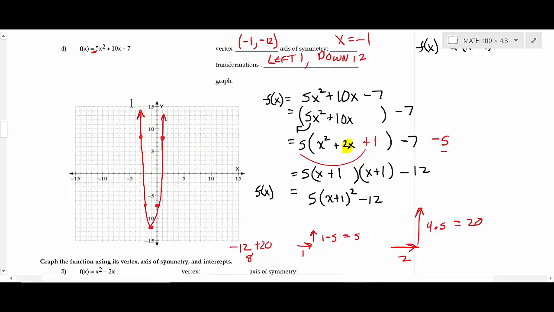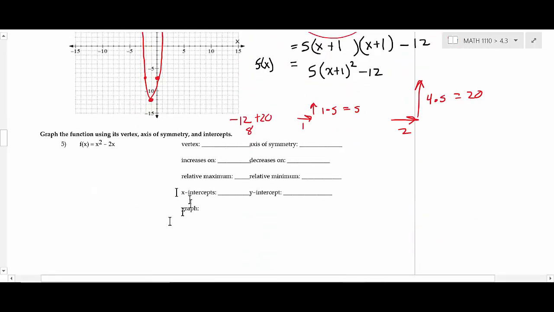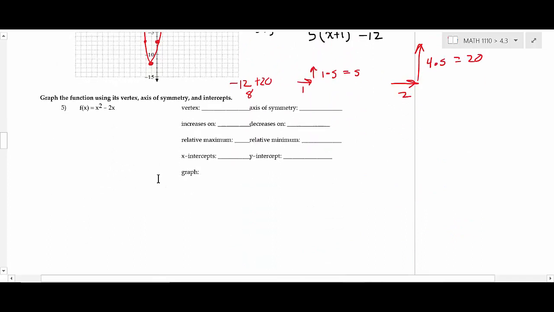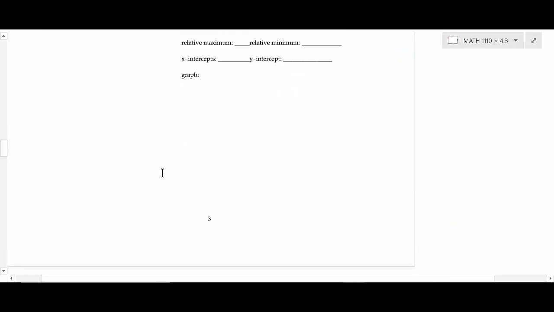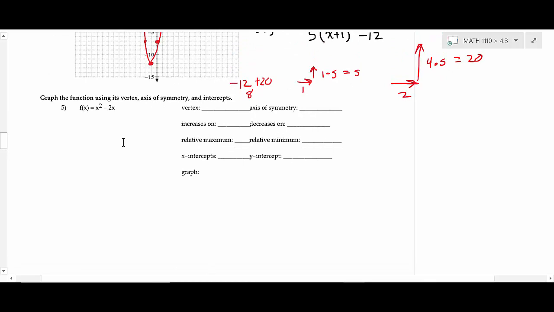Now, let's do something a little bit different with this one. There's a little bit more I want you to do on this one. So we're going to go ahead and complete the square on this one also. What I want you all to do right now is go ahead and complete the square.